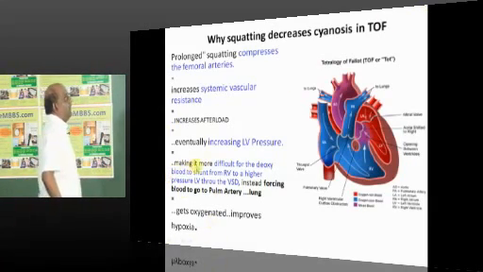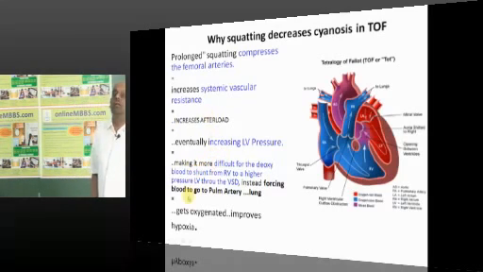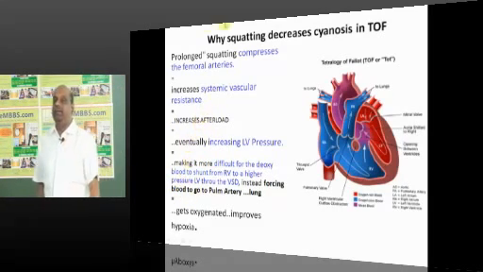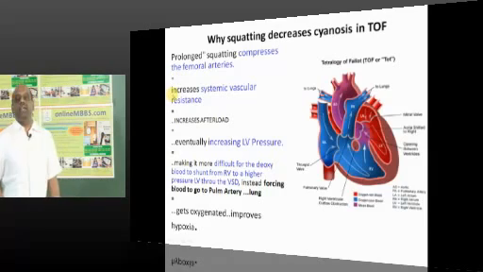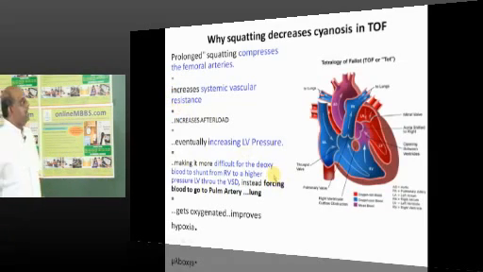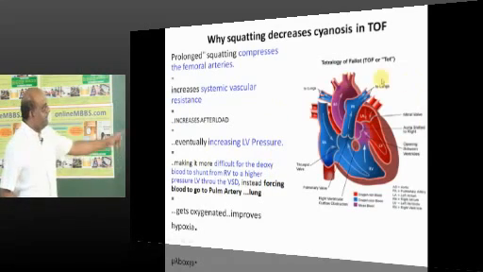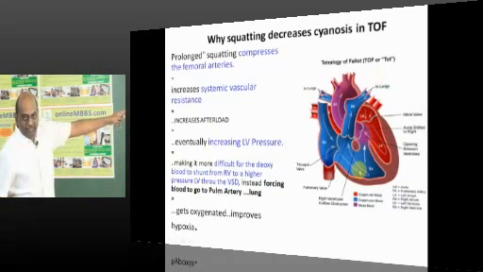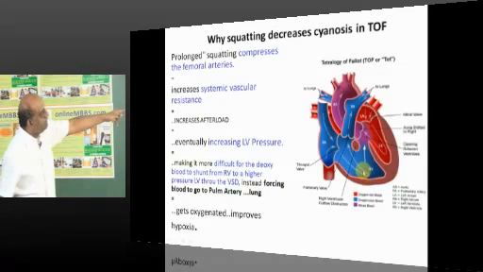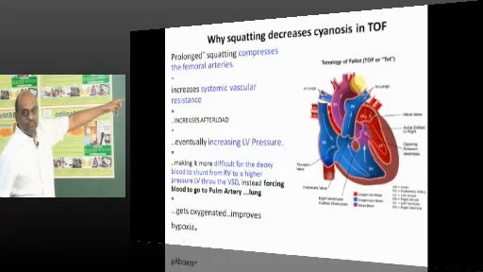Now comes a question. Why does squatting decrease the cyanosis of tetralogy of Fallot? Simple. First of all, why is cyanosis there in tetralogy of Fallot? You have one right ventricle and it is supposed to drain into the pulmonary artery, right? But what is the problem in draining into the pulmonary artery?